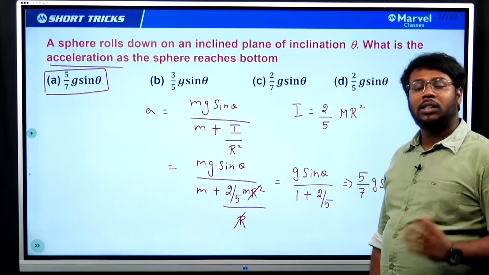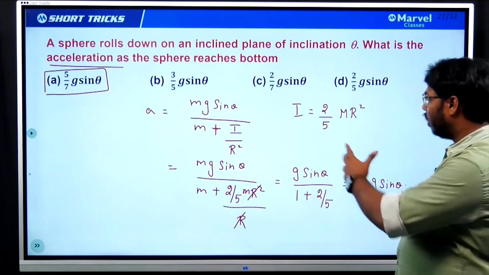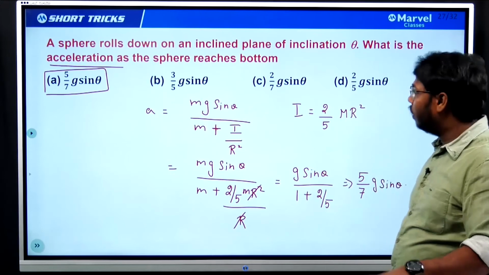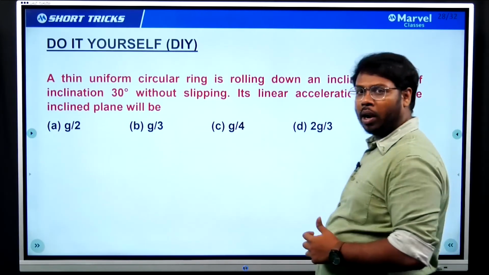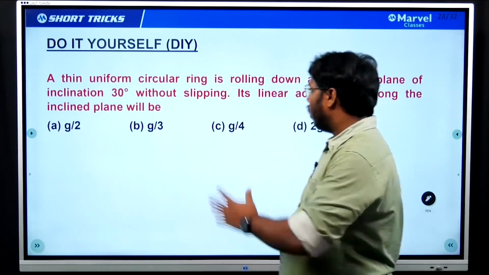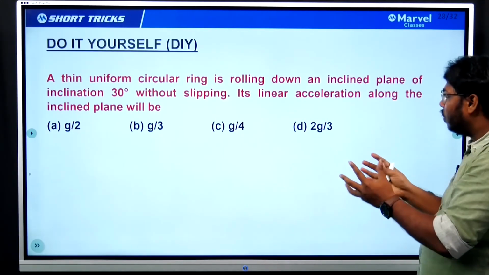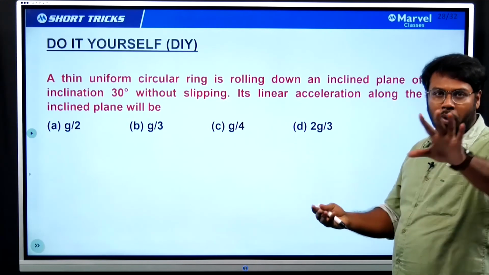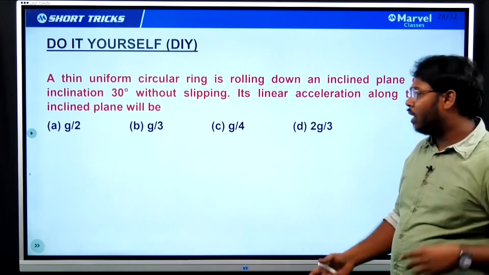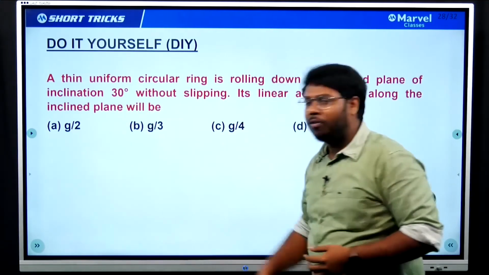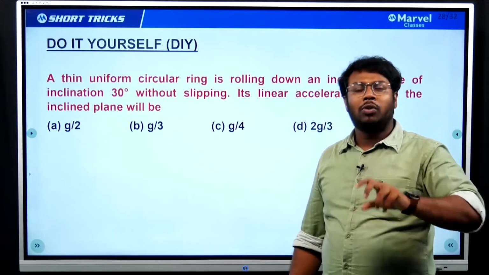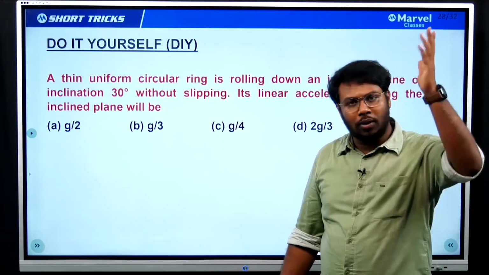So now I just want you to try the trick that I have taught you. This is the question that I would like you to try at home, which looks absolutely similar, but there are a few things that you have to change. The only thing that you have to add in this is the angle of the inclined plane, which is given to you, and you are supposed to substitute it at the very end.